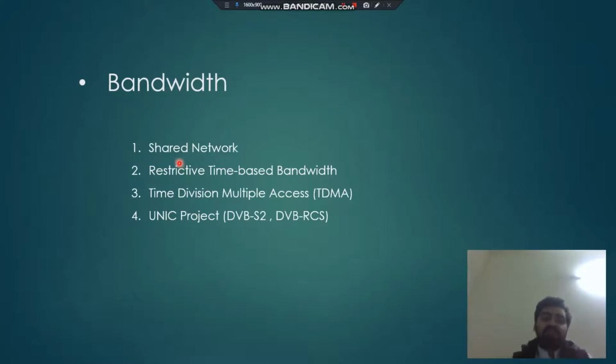Afterwards, the bandwidth. As discussed before, it is a really expensive kind of communication. So home users tend to use shared satellite capacity to reduce the cost. There are usually restrictive time-based bandwidth allowances so that each user gets their fair share according to their payment.